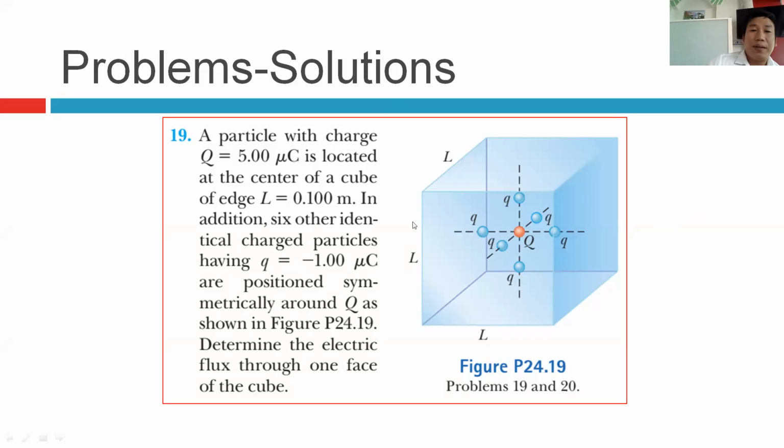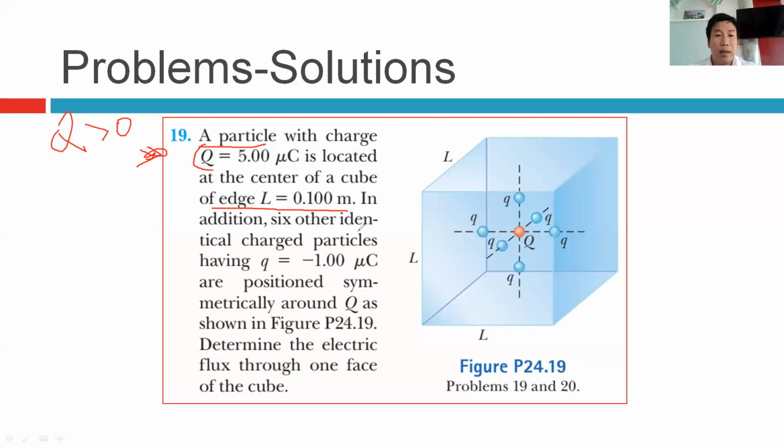Okay, go to the next problem. In this problem, also on Gauss's law, they give us a particle with charge Q. It is a positive charge, located at the center of a cube with side 1 meter.